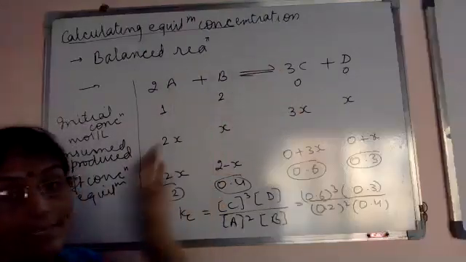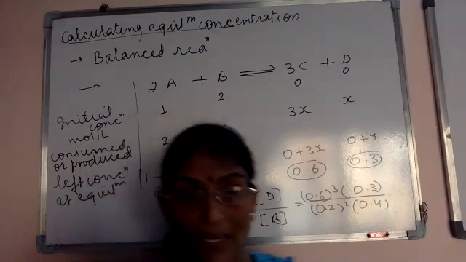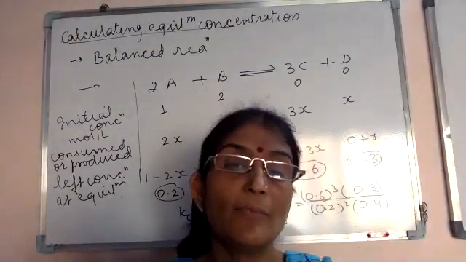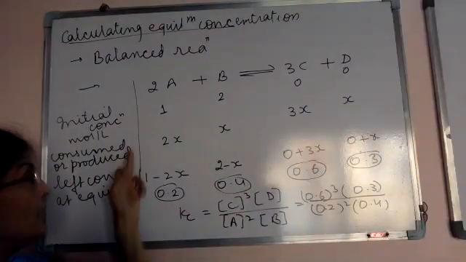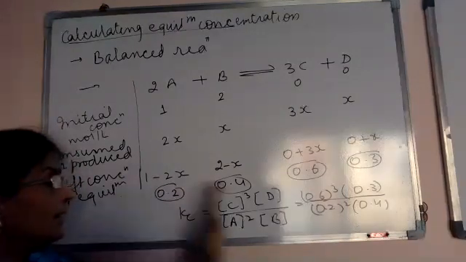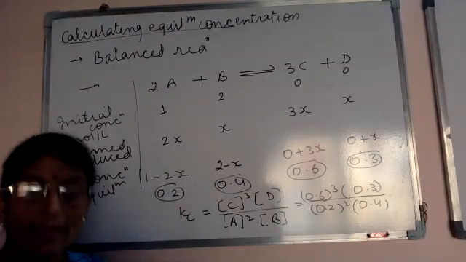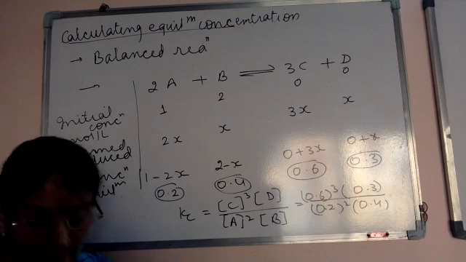So we have to make this table. This is very important. First, write down the balanced chemical reaction, and then we have to form a table. Three things to write: initial, consumed and left. After writing those three, we place them in the Kc formula and find Kc. Clear? Now this can be understood.